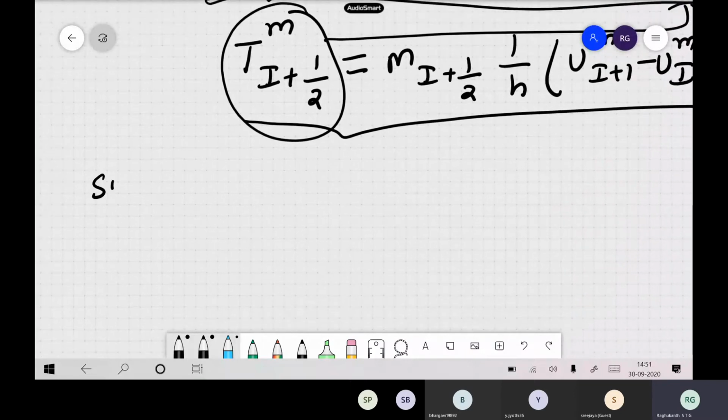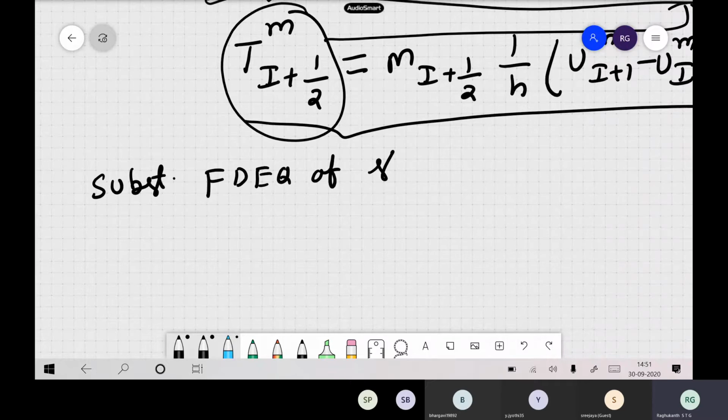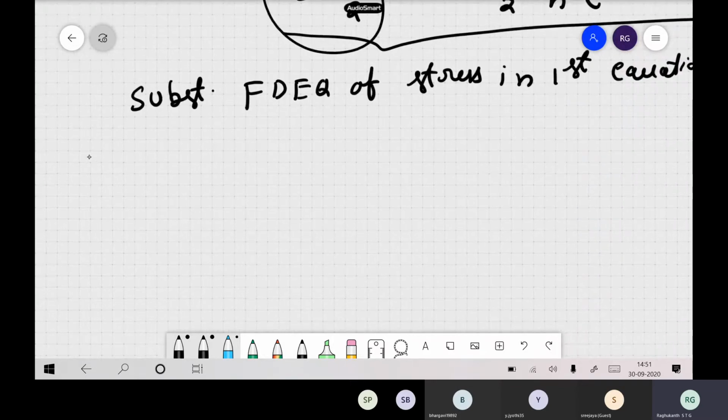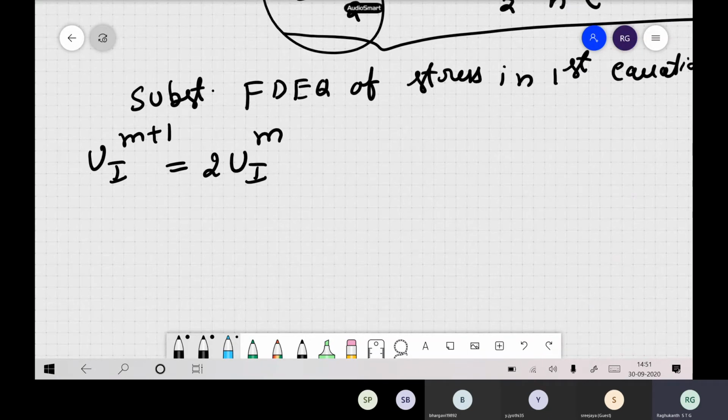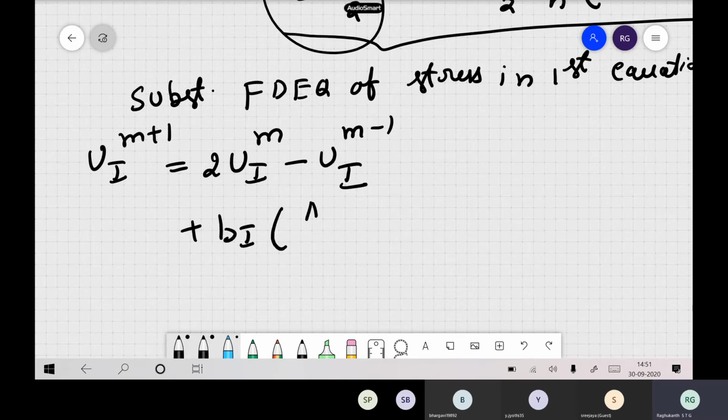Okay, so you substitute the finite difference equation of stress in the first equation, and you can write everything in one go. So uy m plus 1, so 2 uy m I, okay, plus b i delta t by h, okay, whole square.